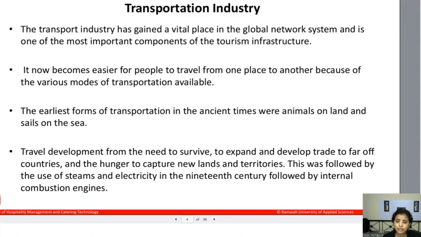The century which has seen the most tourism growth is the 19th century, because of the deregulation in airways, as well as the various forms of cruise ships which developed in the 19th century.